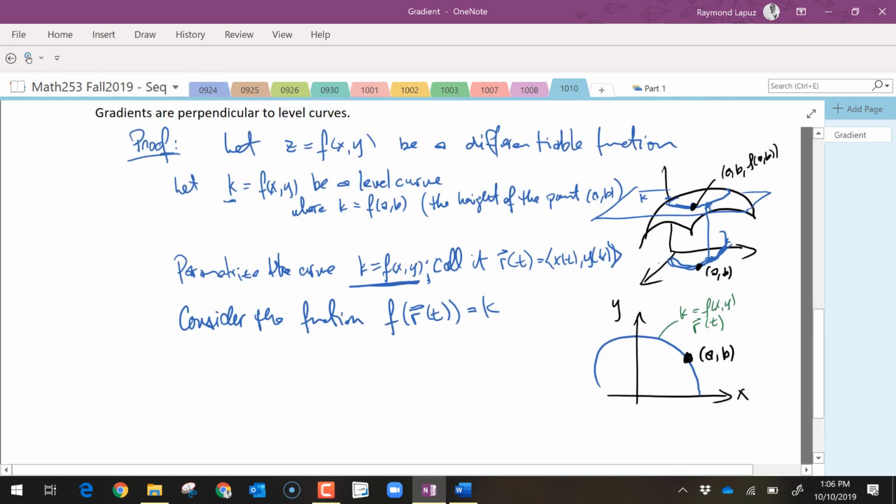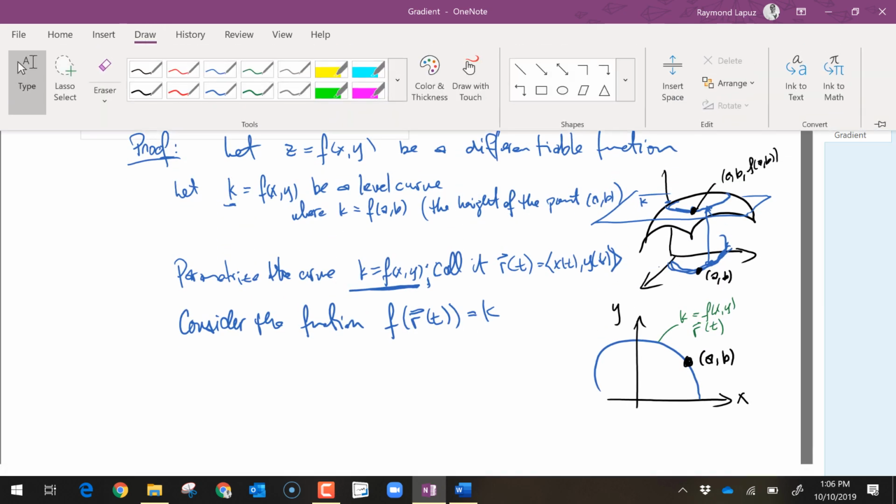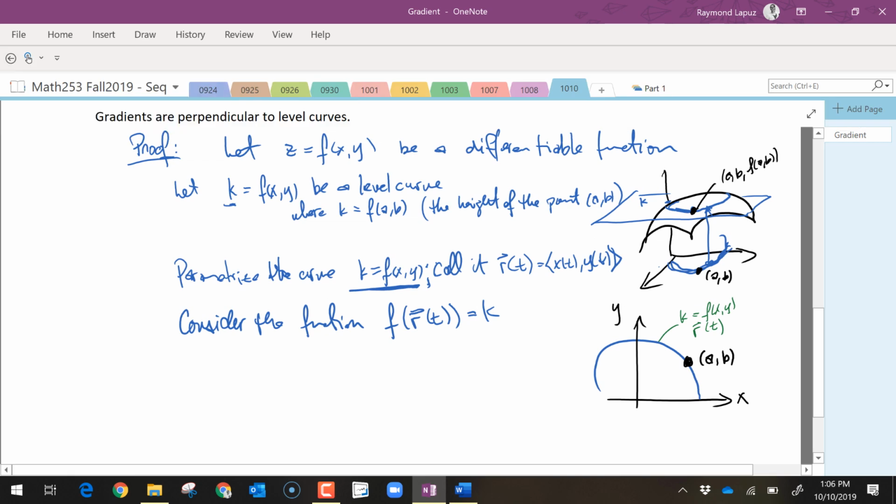So this move over here, if we take a look at that level curve on the xy plane, and we pick a point on the xy plane and then put it into the f function, it's always going to be at the same level k.